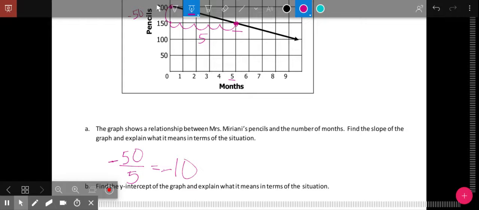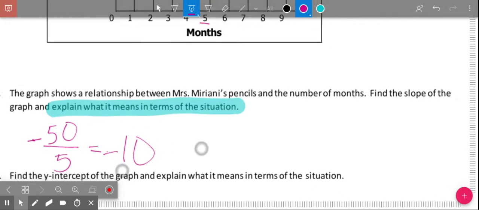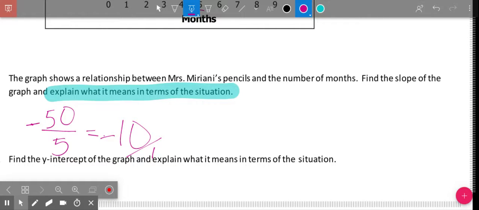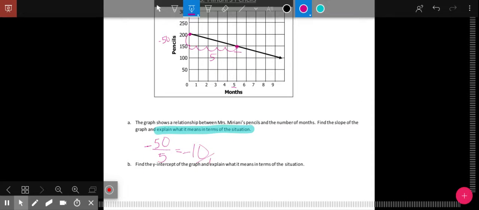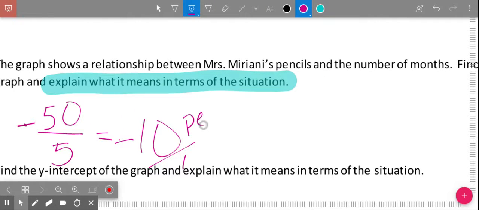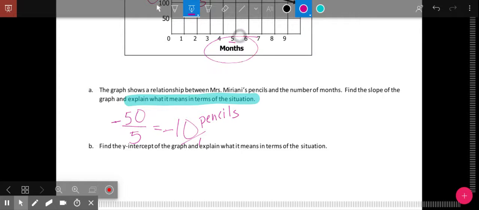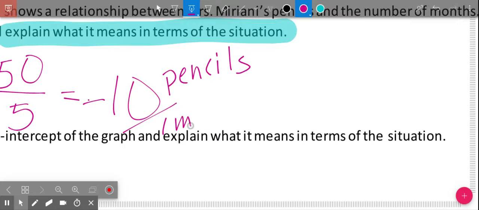Now, it's not enough just to say, oh, my slope is negative 10. I also need for you to explain what it means in terms of the situation. So we can really write this as negative 10 over 1. And then that's what we're going to explain. Remember, my rise is always on top, so that was the y label, so negative 10 pencils. And my run is always the x. Well, my x label was months. So we're going to label that months.